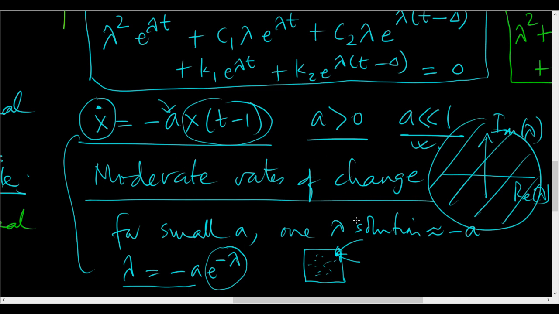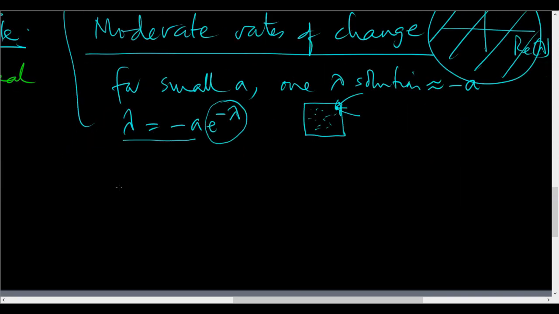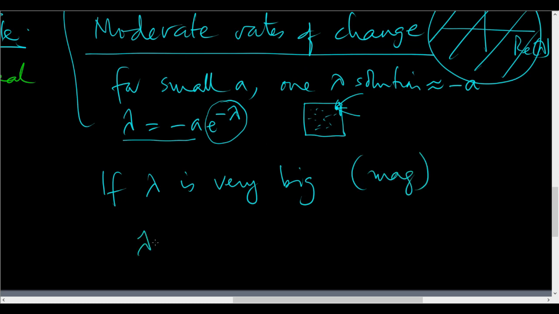To understand where those roots are: if lambda is very big, then one way or another the rate of change of x is very big, right? Because that is proportional to lambda. So if lambda is very big in magnitude, then lambda e to the power lambda, which is minus a, still has to be small.